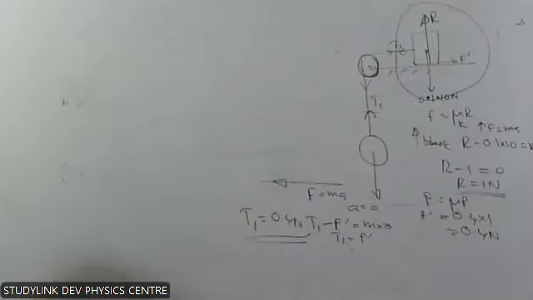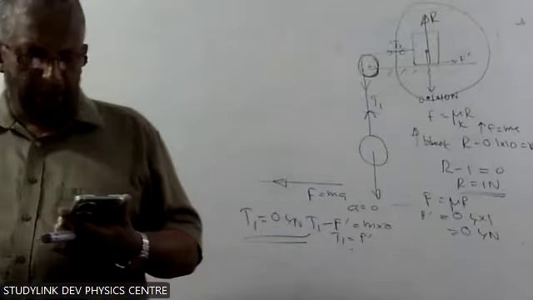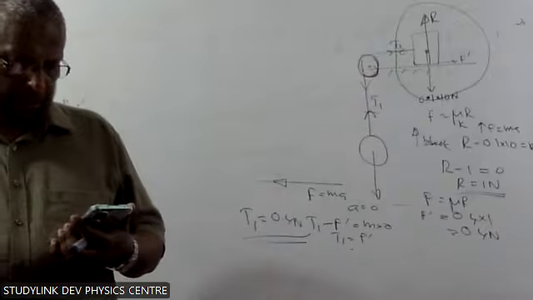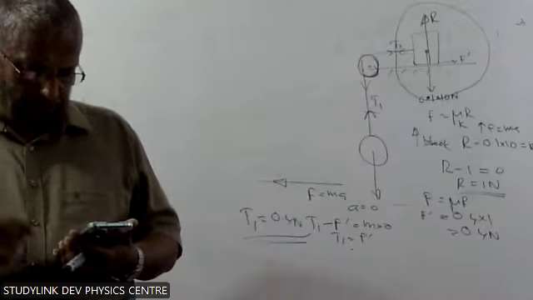Next one. Second, when the sphere is connected to a block of mass 0.1 by a string passing over a pulley shown in the figure, allowed to fall.